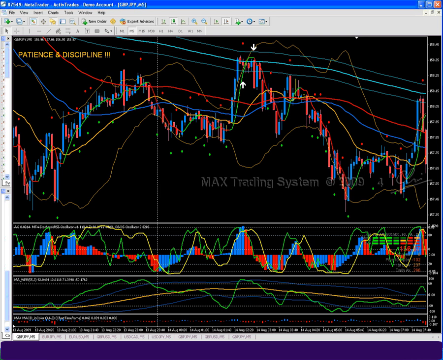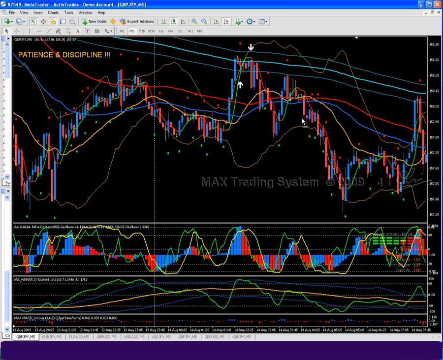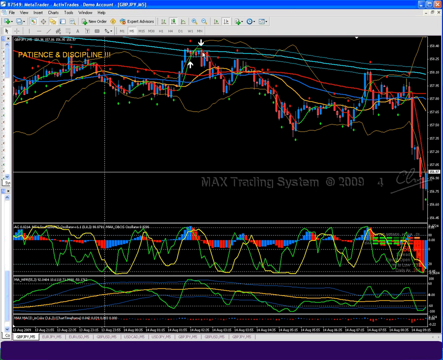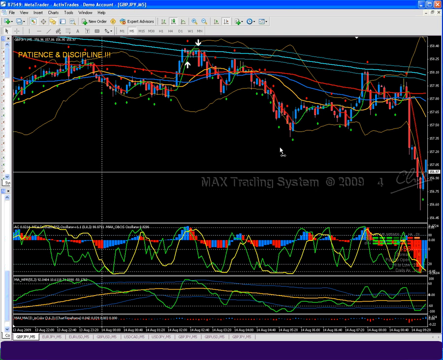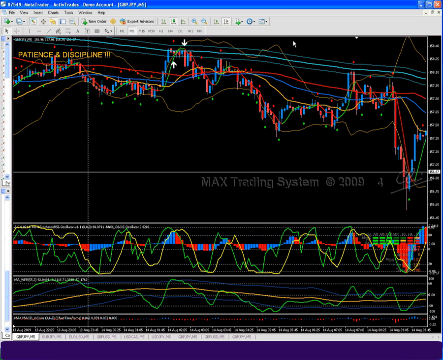And it is very useful to know that when a down white arrow appears, you must trade mainly the downtrend. And when the last arrow is an up arrow, you must trade the uptrend, of course.